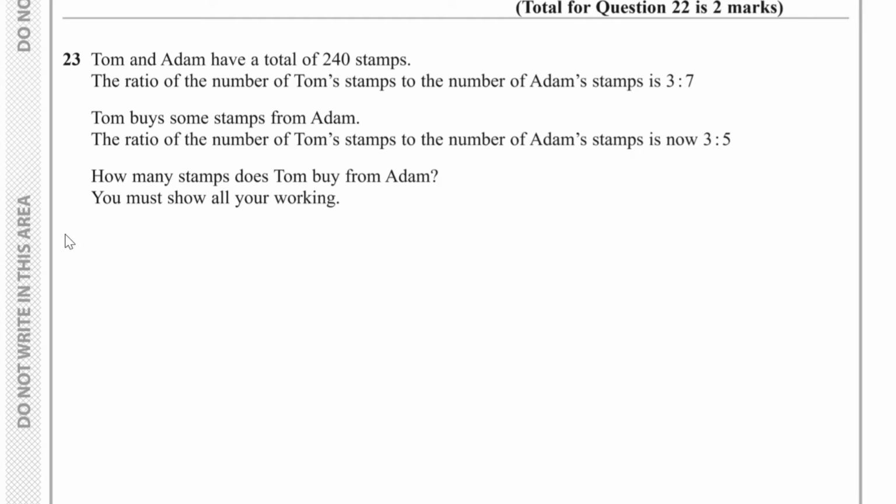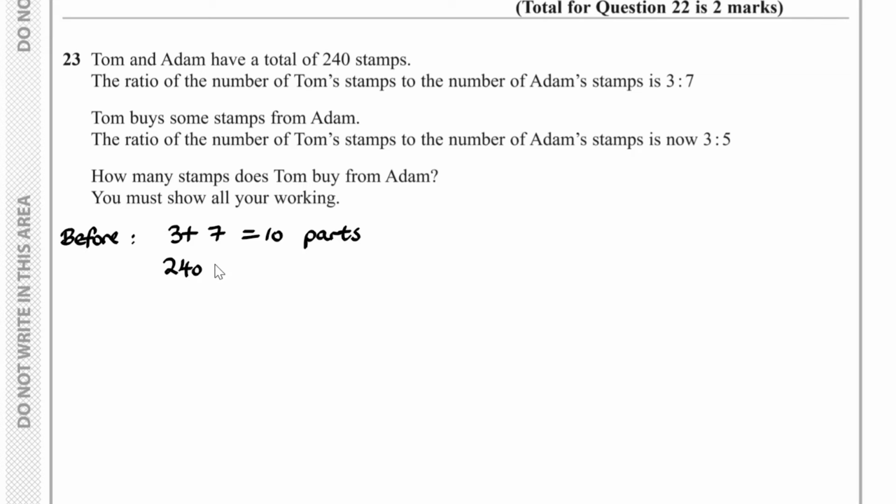So if we consider the situation before, you can see here that there's 3 plus 7, which is 10 parts. And here we can find out how many we have per part by dividing the 240 by 10.